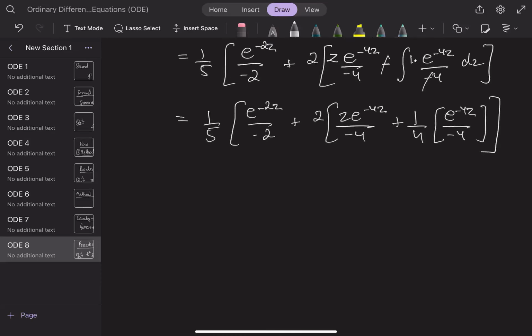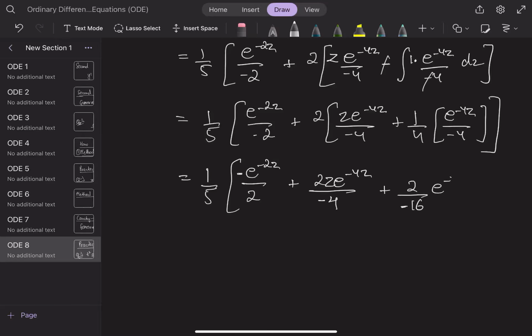So let me just simplify this. It becomes 1 by 5 e raised to minus 2z divided by 2 plus 2z e raised to minus 4z divided by minus 4 plus 2 divided by minus 16 e raised to minus 4z.